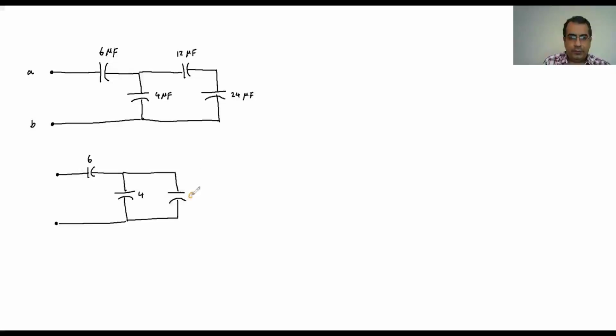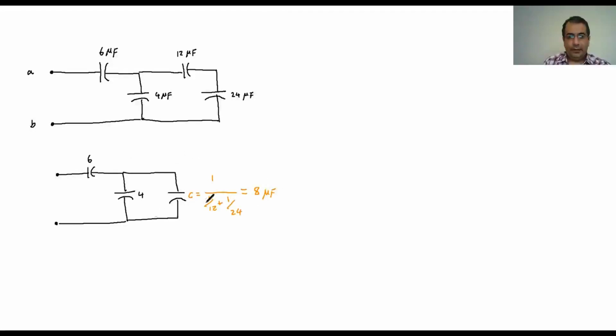The C for this one is going to be 1 over 1 over 12 plus 1 over 24. So this one is equivalent to this and this, and if I do that, it comes out as 8 microfarad.